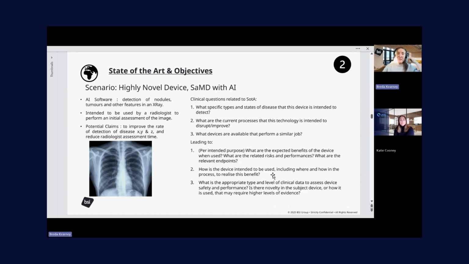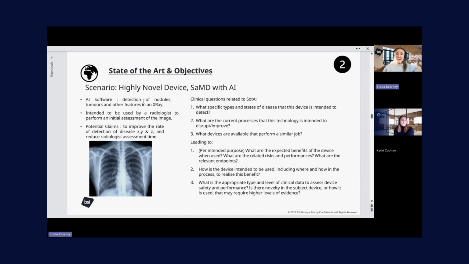So this is just an example. It's a scenario type example of a novel device. It's a software as a medical device which has integrated AI. And again, this just shows the thinking process behind doing state of the art. This software device is highly novel.